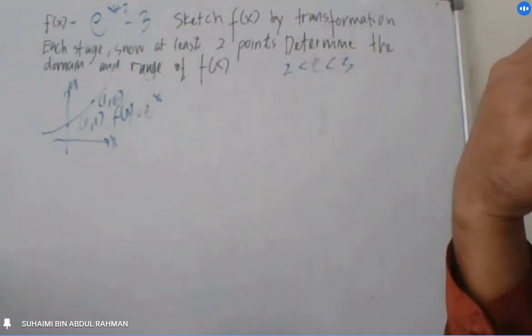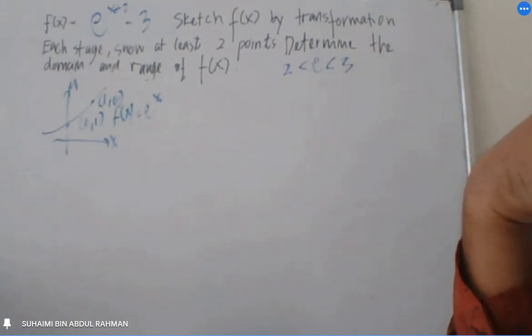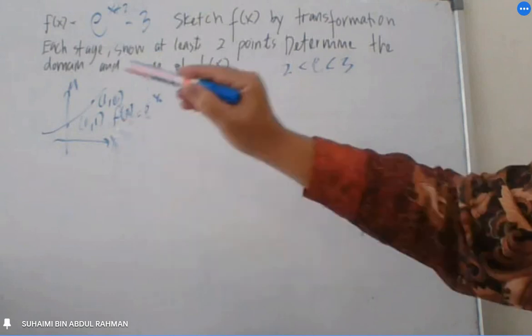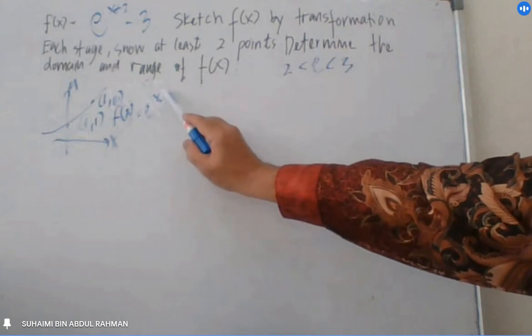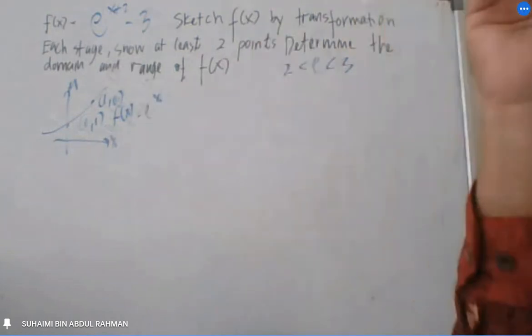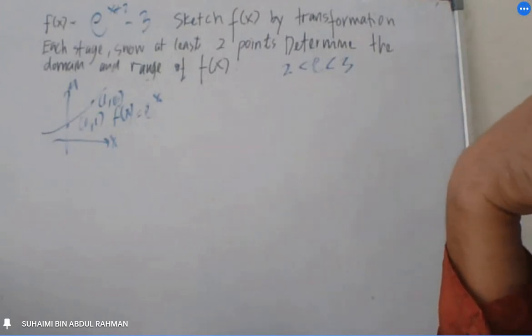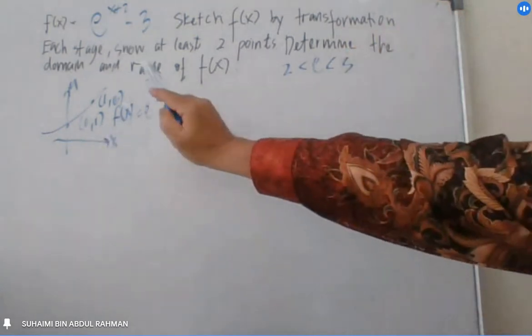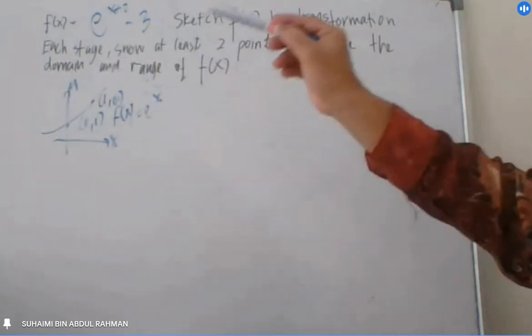To know another point, the easiest way is to substitute the value of x. We choose that x is 1 and x is 0. When x is 0, e to the power of 0 is 1. Everything to the power of 0 must be equal to 1. You get it? I hope you know why we choose these functions as our basic functions.